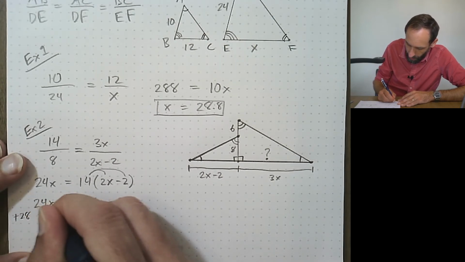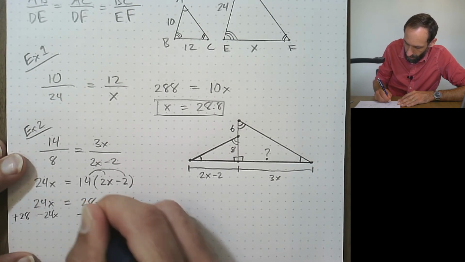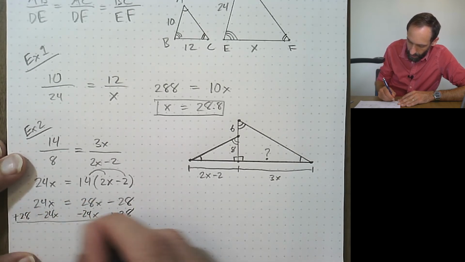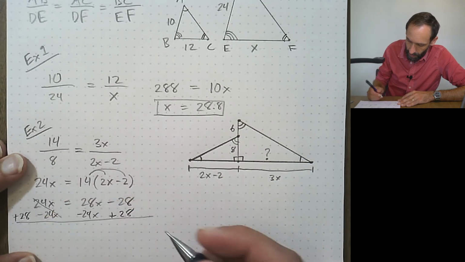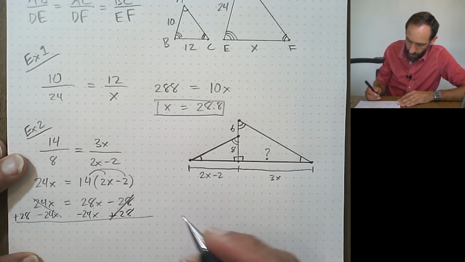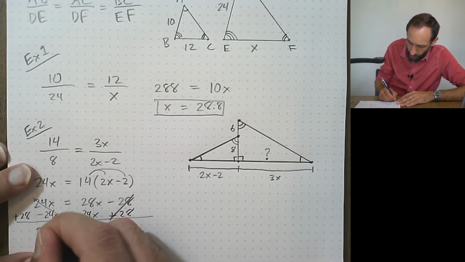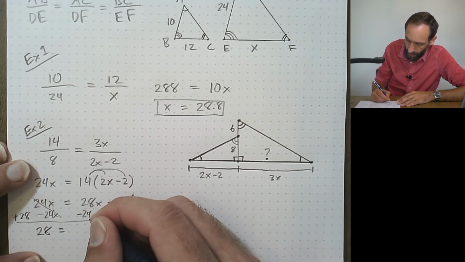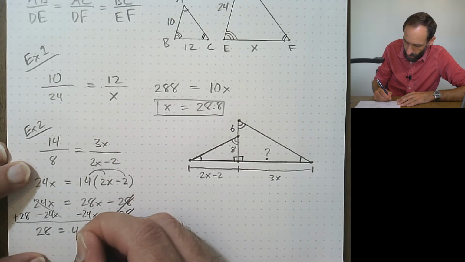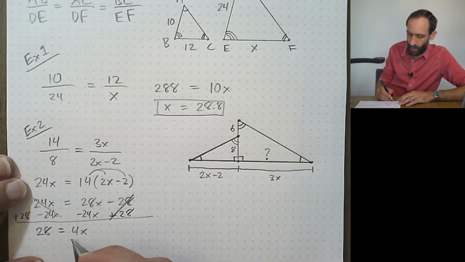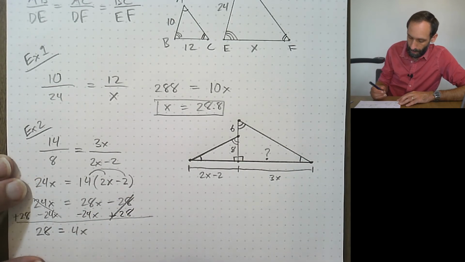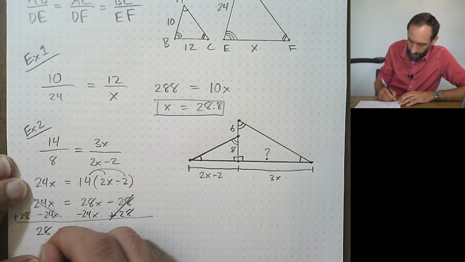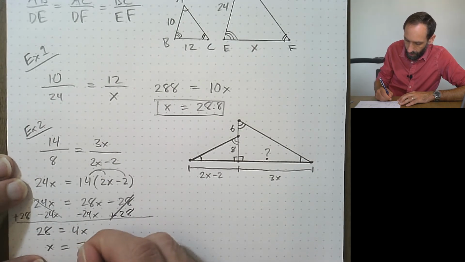I'm going to subtract 24x from both sides. And these two terms will cancel out, and these two terms will cancel out, and I'll be left with 28 is equal to, well, let's see, 28x minus 24x is 4x. Well, 4 times x is 28. That means x must equal 7.